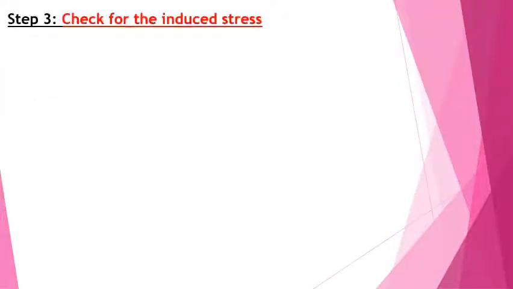Next step is to check the induced stress in order to check whether the module we obtained is satisfactory or not. The allowable or permissible stress is given by the product of sigma d and Cv.